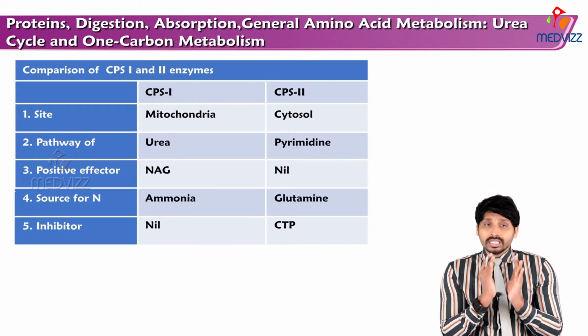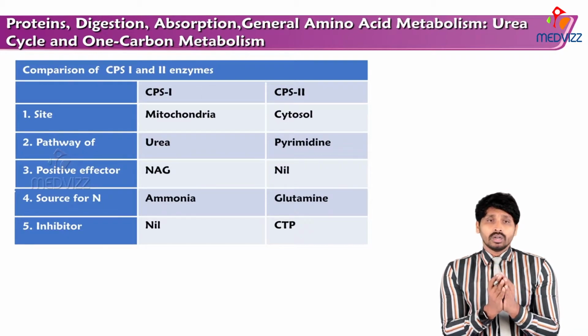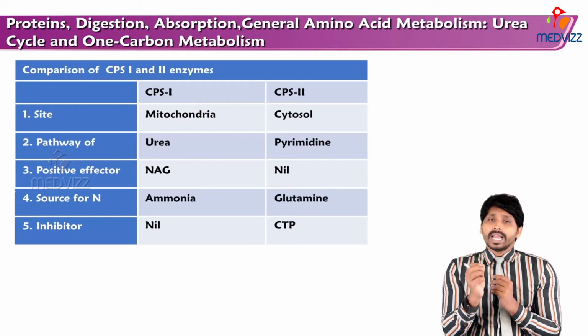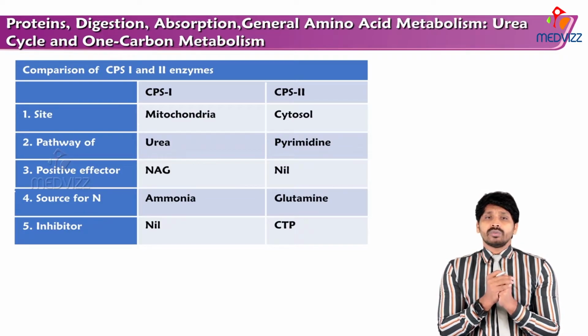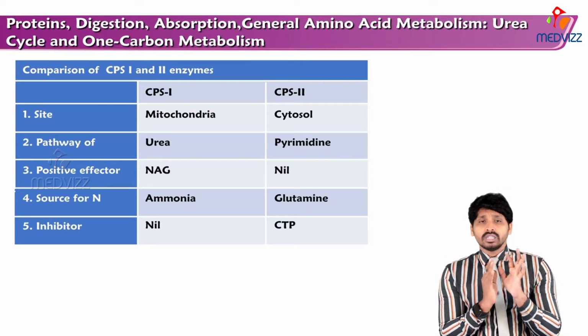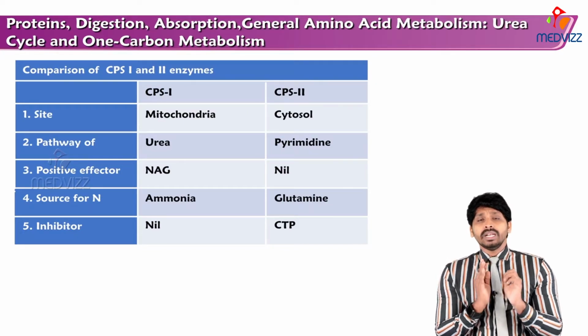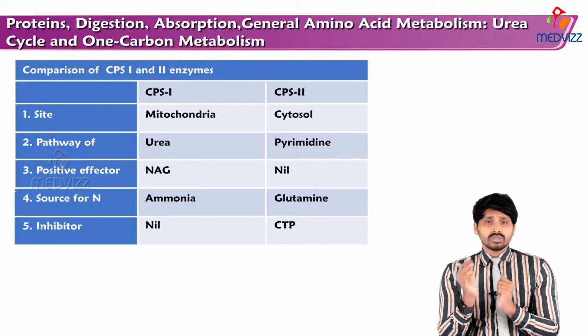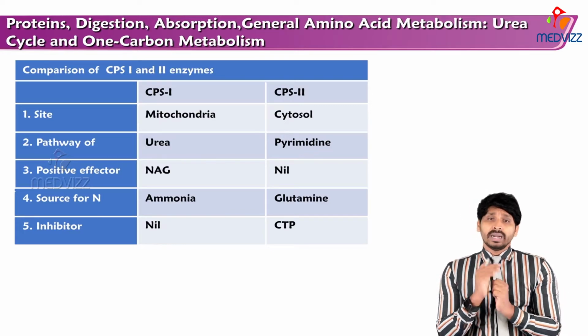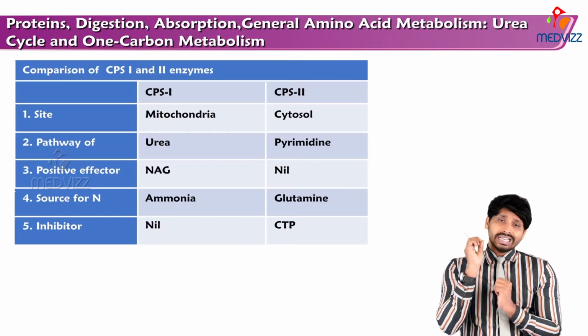Where are these enzymes involved? CPS1 is obviously in the urea cycle, and CPS2 is involved in pyrimidine synthesis. There is a positive effector for CPS1, that is N-acetyl glutamate, but for CPS2 there is no positive effector. The source of nitrogen for CPS1 is ammonia, but for CPS2 the source of nitrogen is glutamine.